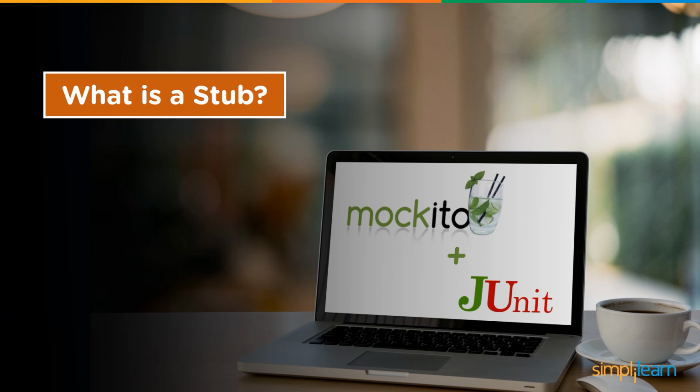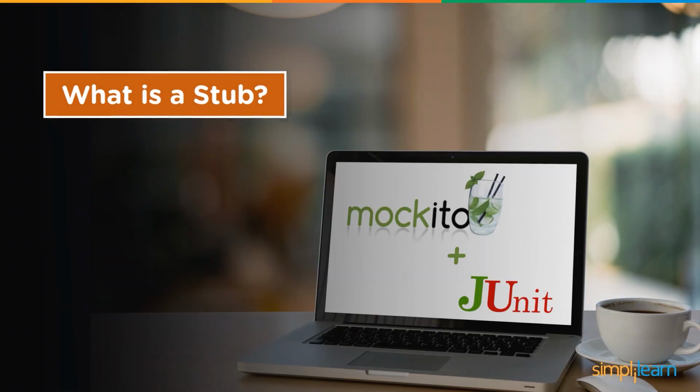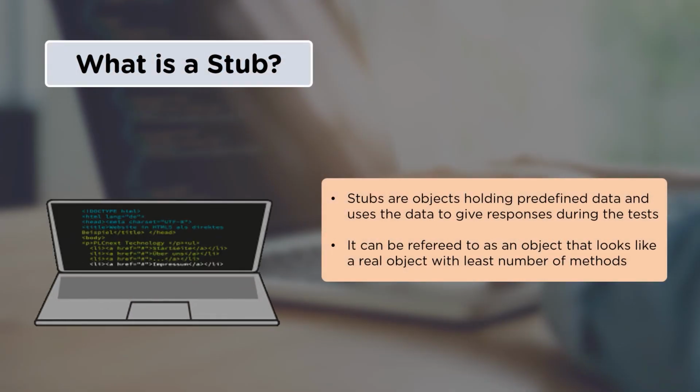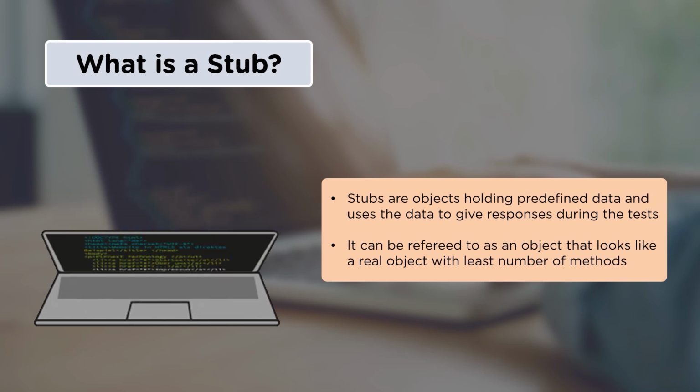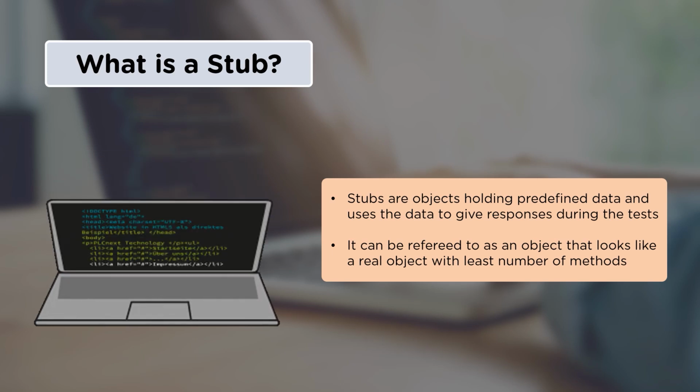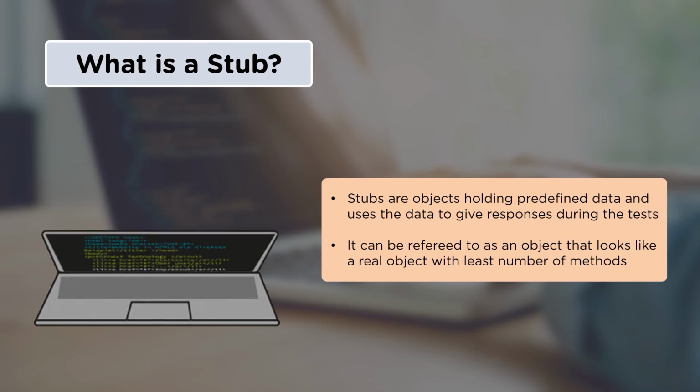So the next concept which we have is, what exactly is a stub? Very important concept here. A stub is a kind of object which holds predefined information, predefined data. We cannot do a dynamic verification in case of unit testing, because we have to limit the scope of testing.